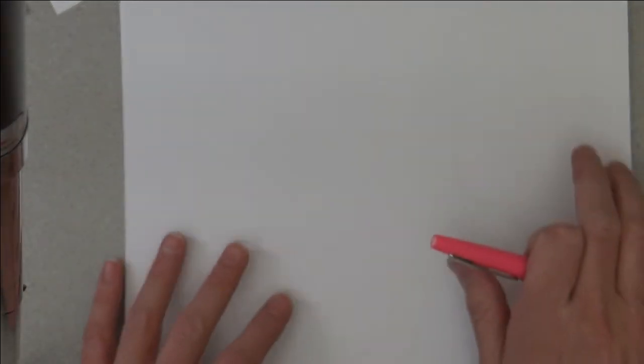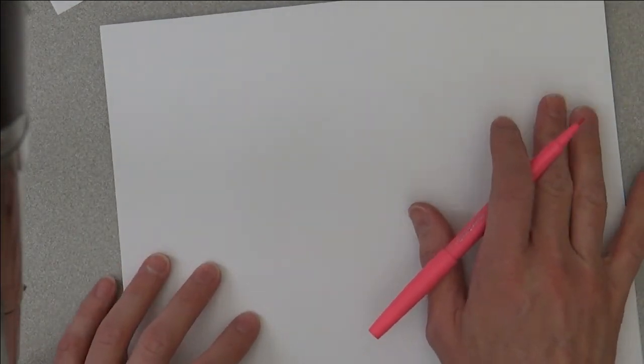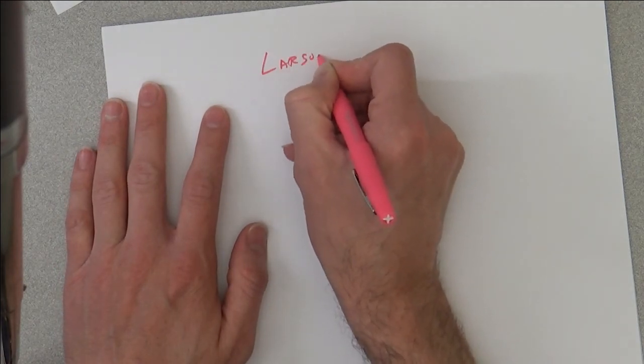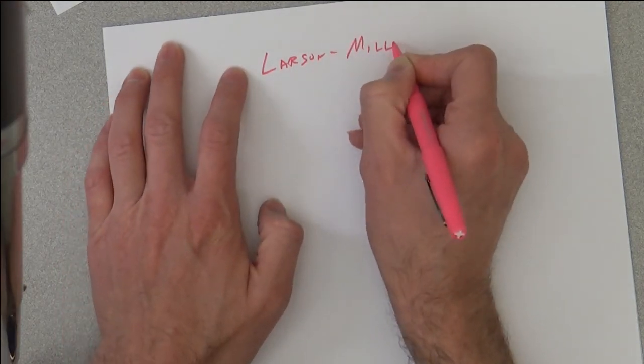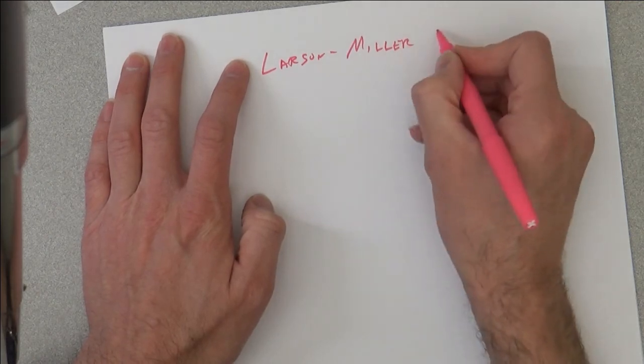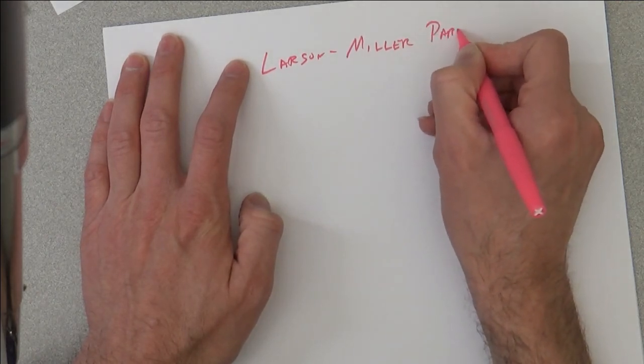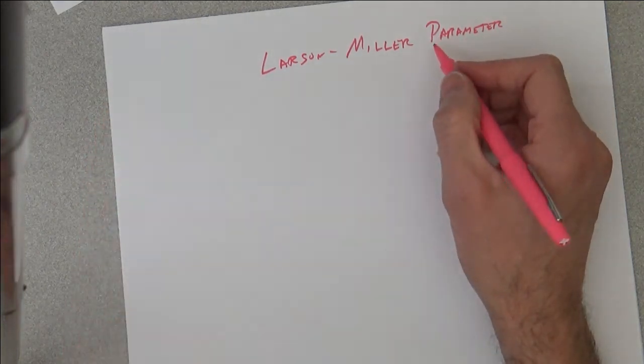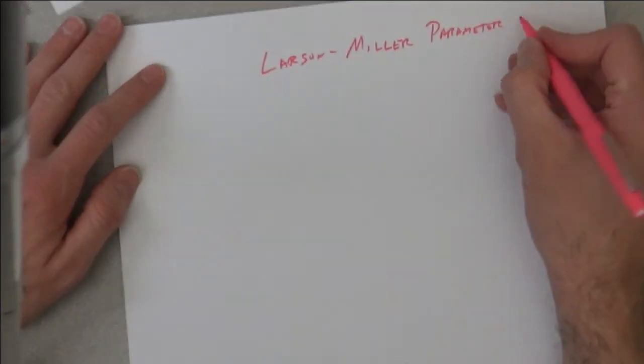And a final comment about engineering and predicting the rupture lifetime. We do this using what's called the Larson-Miller parameter. Your textbook uses an M for this.